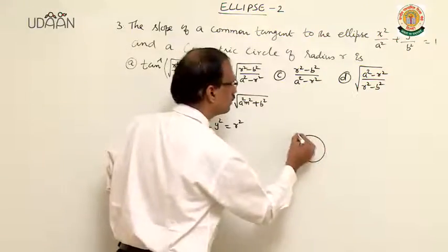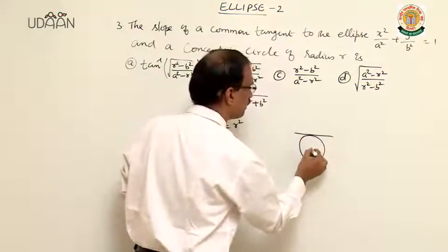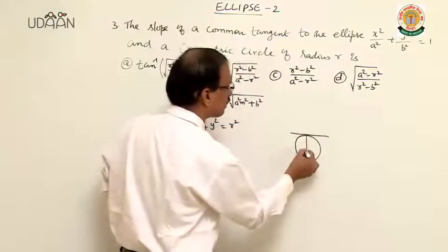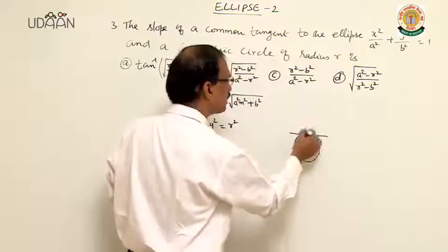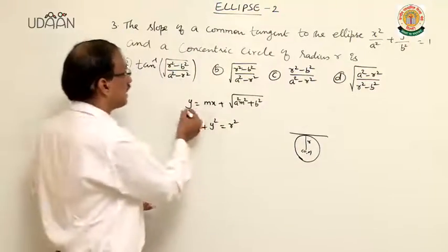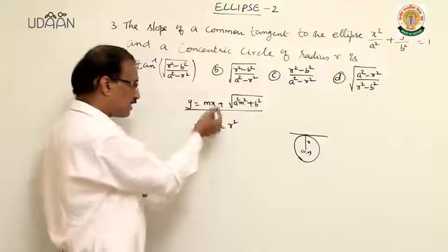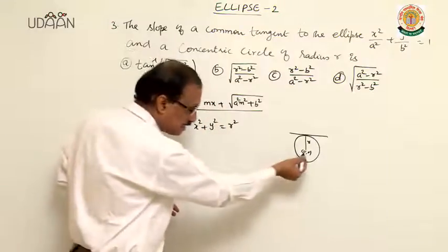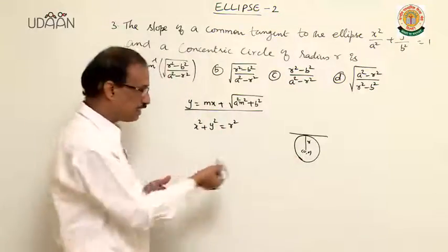We know if this is a tangent to this circle, with center (0, 0), the distance must be equal to r. So the tangent line is this one, and the distance of this line from the center (0, 0) is equal to r.